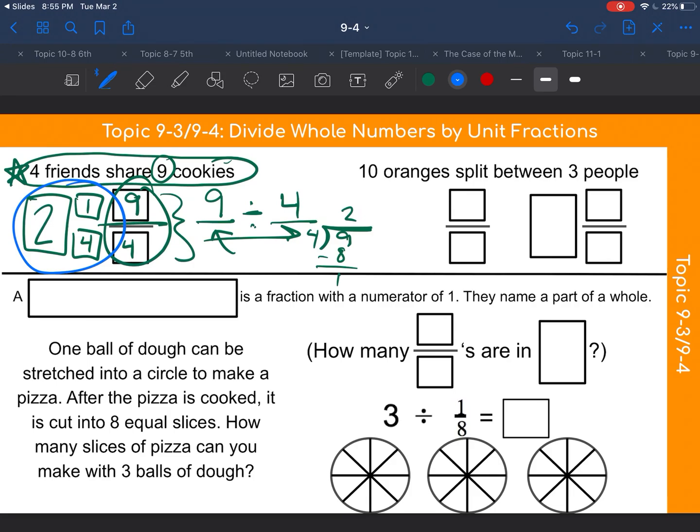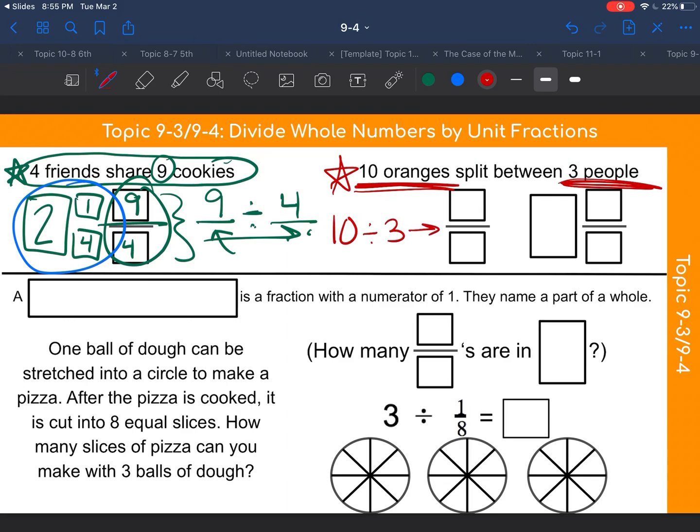Okay? And the next one says 10 oranges split between 3 people. So what are we starting with in this problem? If we are writing it as a division problem, are we starting with 10 oranges or are we starting with 3 people? Well, we're sharing or splitting 10 oranges, so it's 10 oranges divided among 3 people.